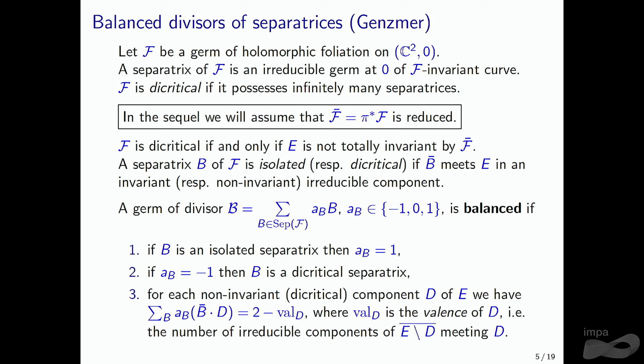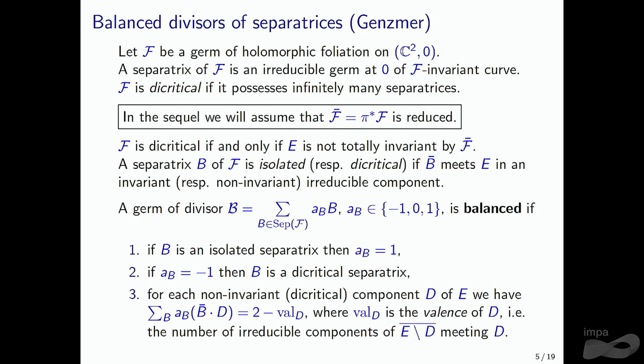And finally, for each dicritical component D of the exceptional divisor, the sum of weights of separatrices that arrive at the dicritical component is 2 minus the balance of the dicritical component.